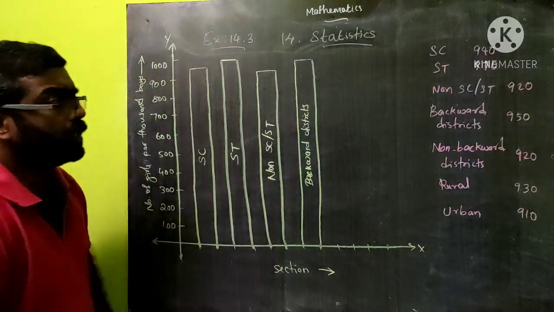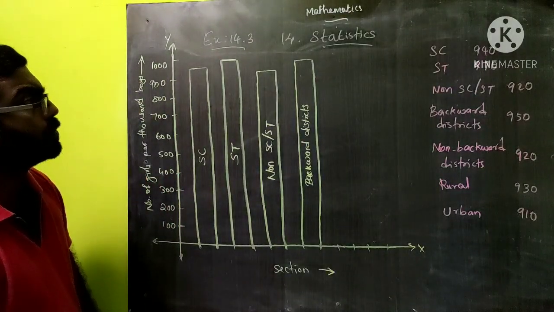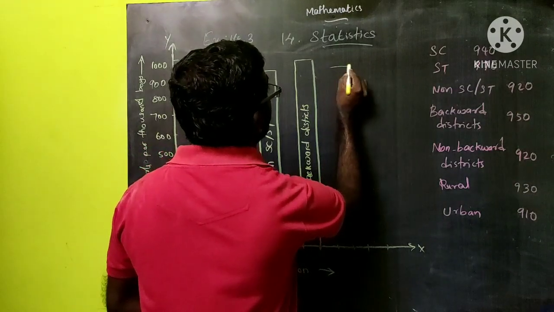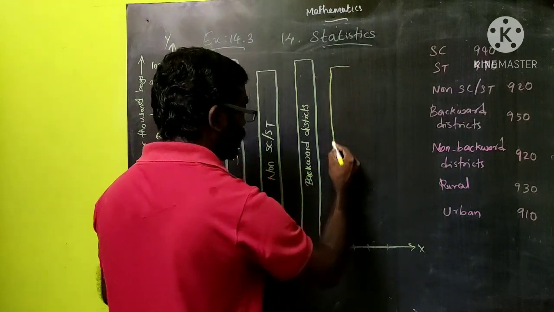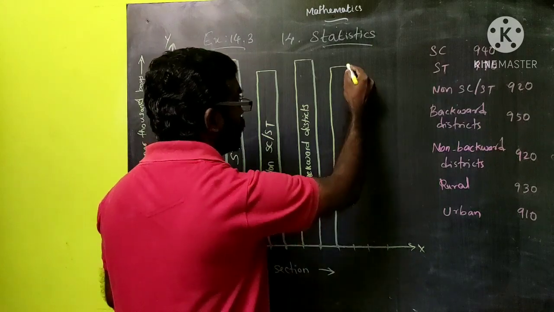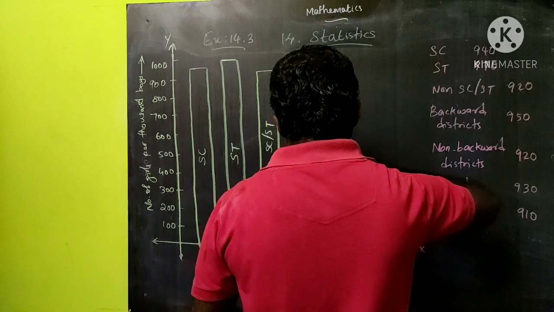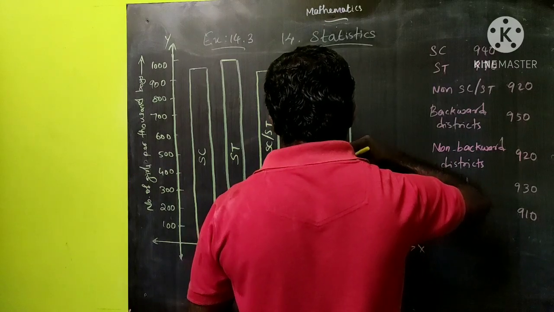Then non-backward districts 920. Non-backward district.